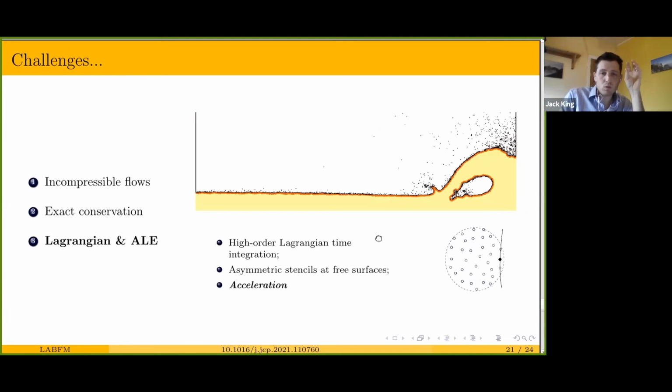And so I think the key challenge is going to be finding ways of building and solving those systems as efficiently and fast as possible. And again, I don't know how this will be done, but I think this is probably going to be the biggest challenge for high order mesh-free methods in the coming years.